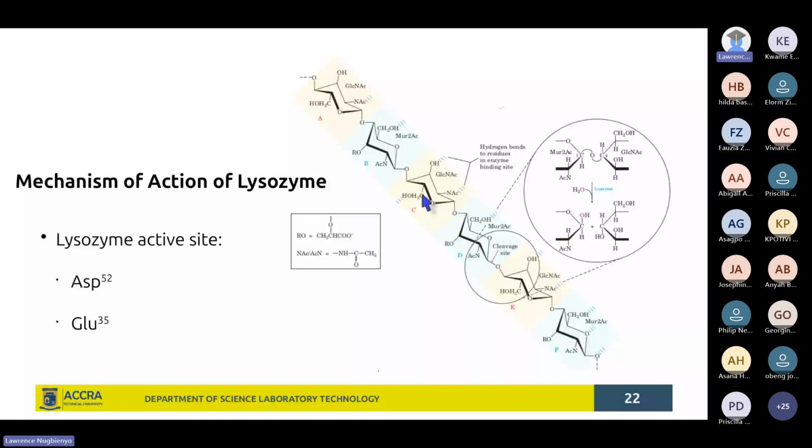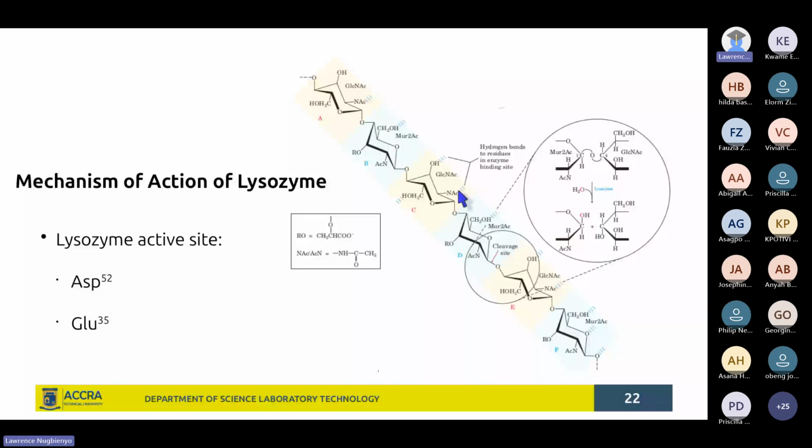And so if you count the carbons, this is going to be carbon number 1, 2, 3. On carbon number 3, you have a hydroxyl group which is having such an interaction with a carboxylic acid group. And then the N-acetylglucosamine, the acetyl group there, is also having some hydroxyl group that can have such an interaction.